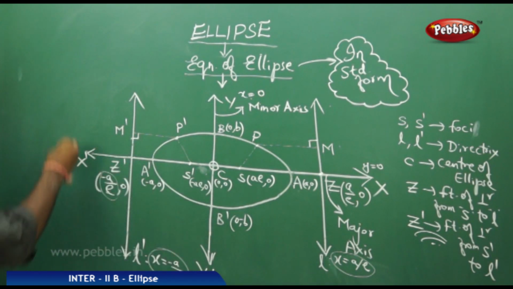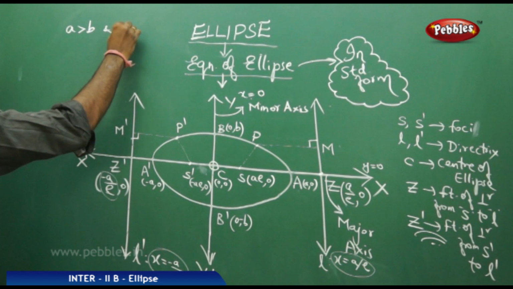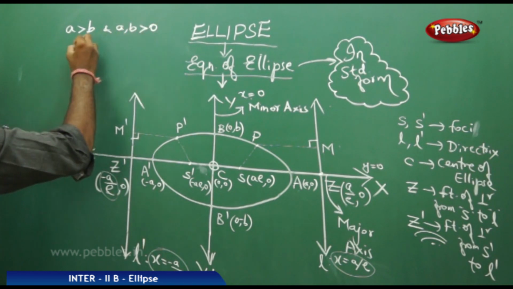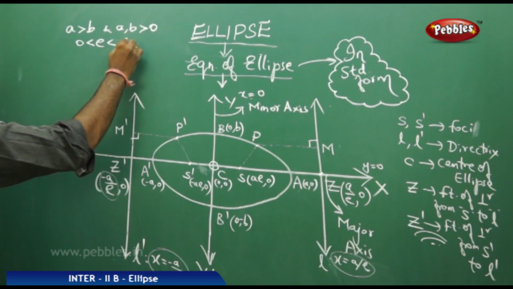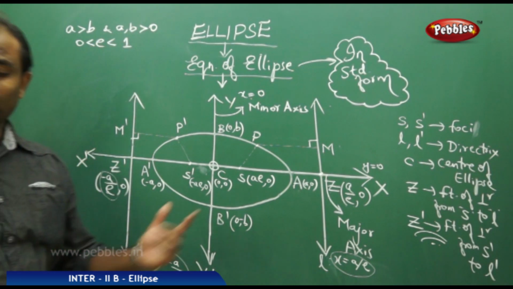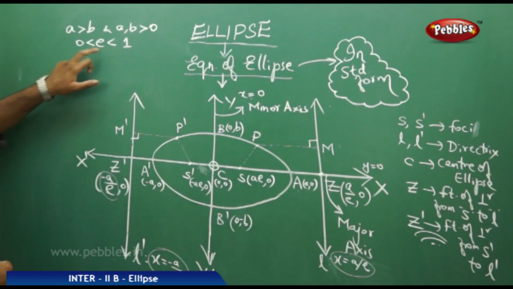Now with the condition that a is greater than b and both a and b are greater than 0, and for eccentricity e which lies between 0 and 1 because e is less than 1 for an ellipse and e is obviously greater than 0, so e lies between 0 and 1.